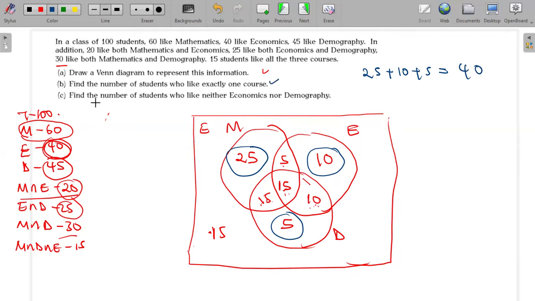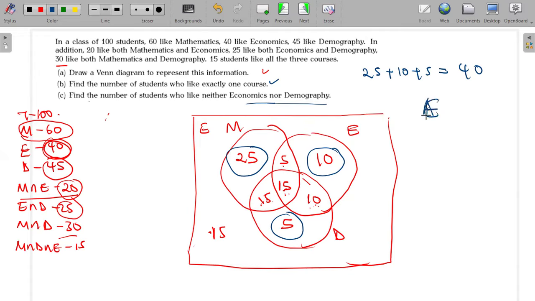And then the next one is find the number of students who like neither economics nor demography. So you want to find those that don't like demography and don't like economics.